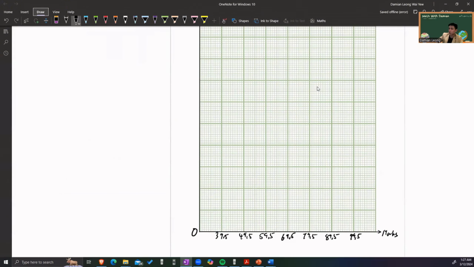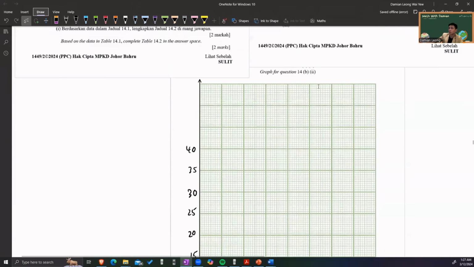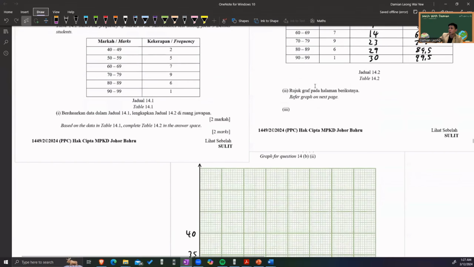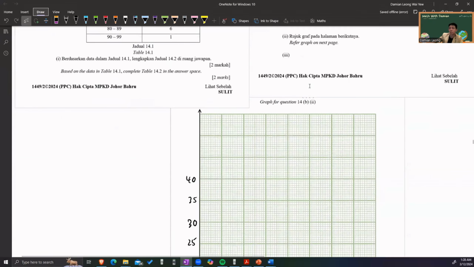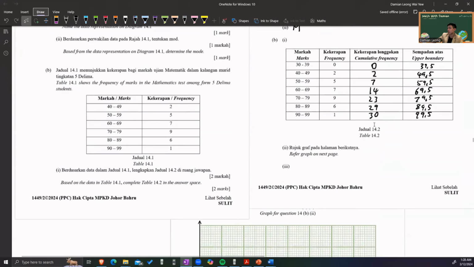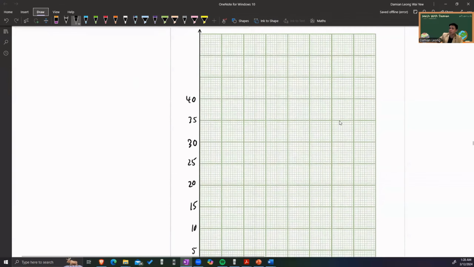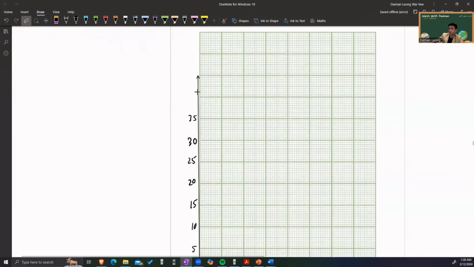Then the vertical axis, each box is 5, 2 cm for 5. So 5, 10, 15, 20, 25, 30, 35, 40. Actually, we just need to go up to 30, because the highest cumulative frequency is 30. So let's say I go slightly higher, 35.